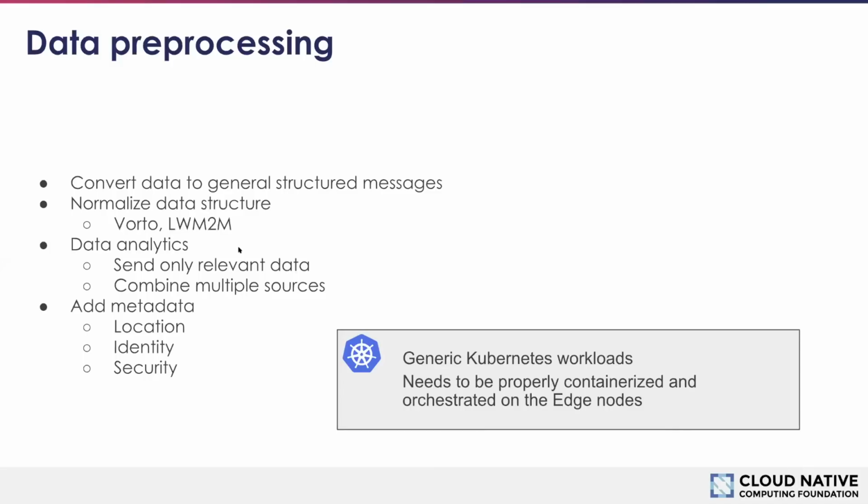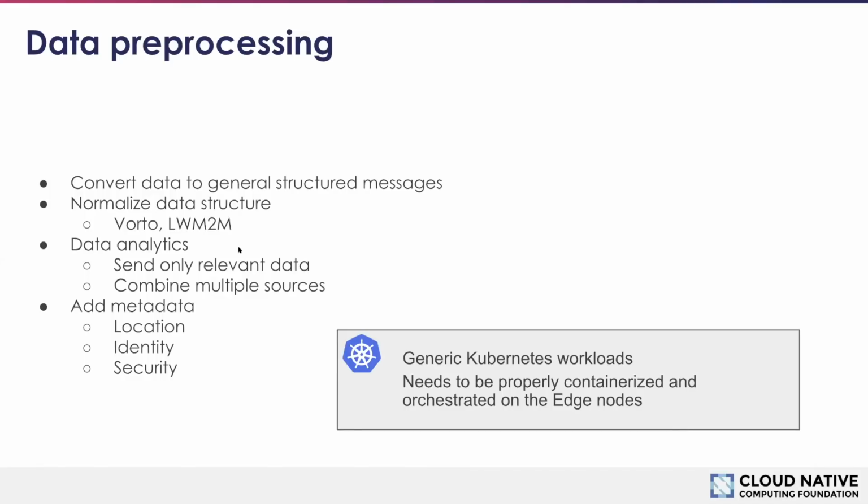But also, for more advanced use cases, as we said earlier, sometimes the bandwidth between the edge sites and the cloud is constrained or very expensive. We can use some data analytics on the edge site as well. So, doing some data preprocessing, data analytics, and sending only the relevant data up for processing, basically trying to separate noise from the actual useful data.